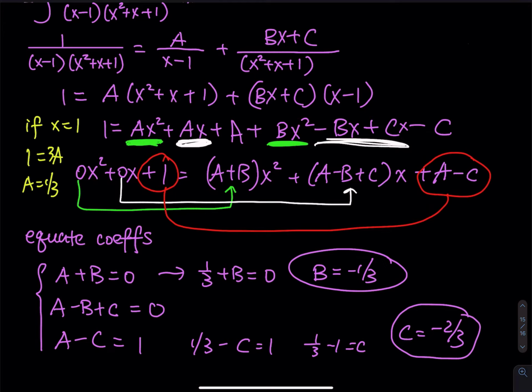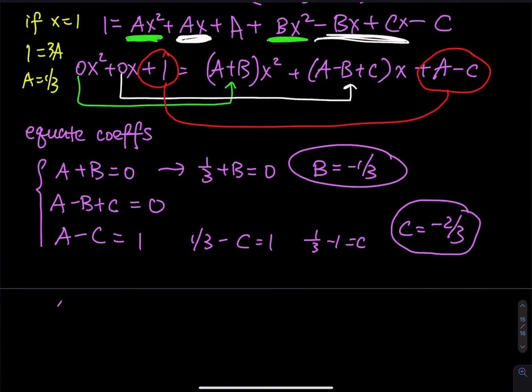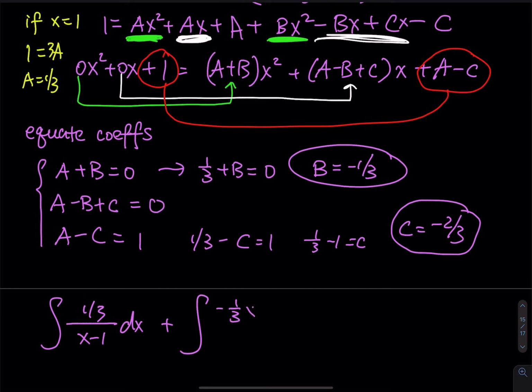So let's plug in a, b, and c back to the very first line to do the integral. So we have a over x minus 1. A is 1/3 divided by x minus 1 dx, and then plus bx plus c, negative 1/3 x minus 2/3 divided by the irreducible x squared plus x plus 1 dx.